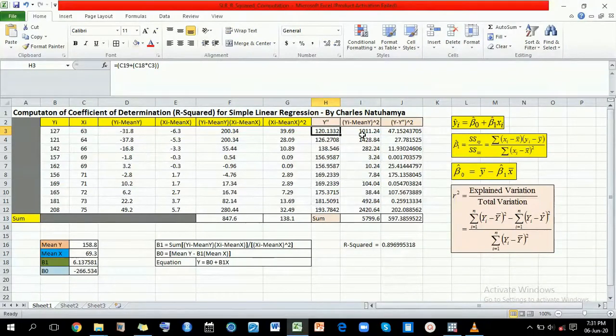I went ahead to get the square of the difference between yi and the mean of y, and computed yi minus the mean of y, which is here. Then I squared it, so I got this column here, and I got the difference between yi and the expected y. So I got this value here: yi, then I subtracted this expected y value.